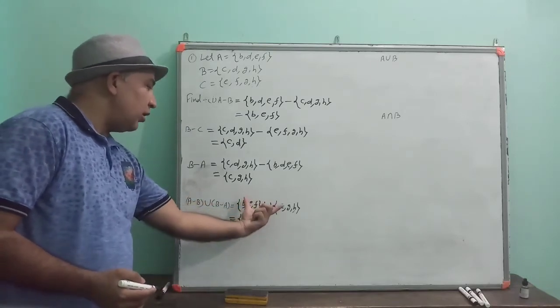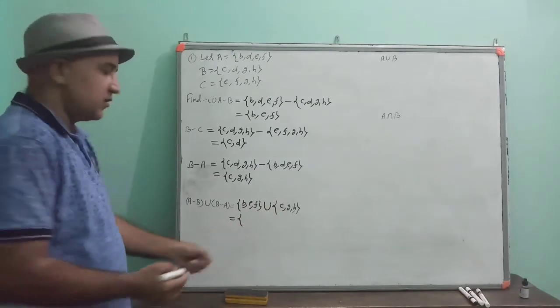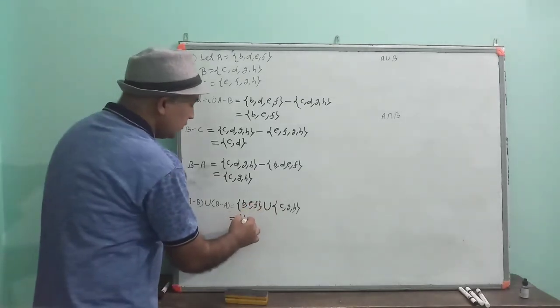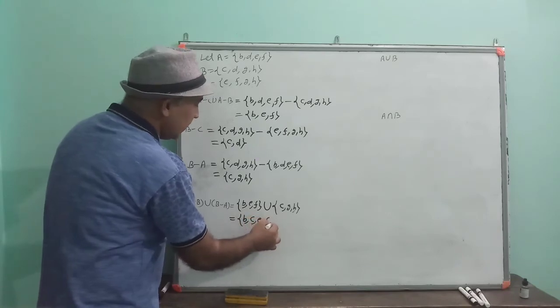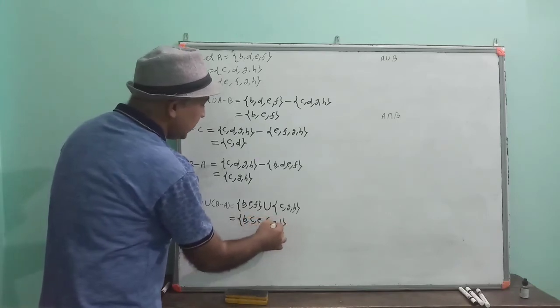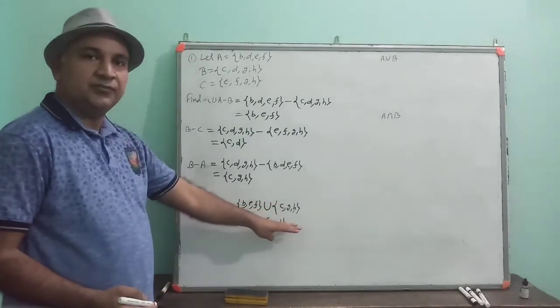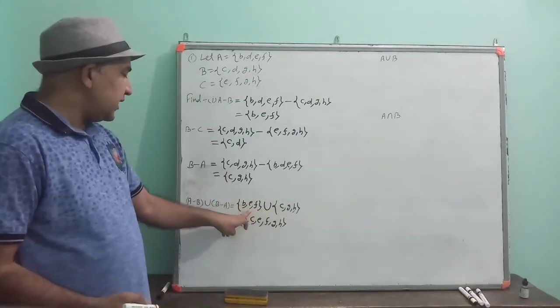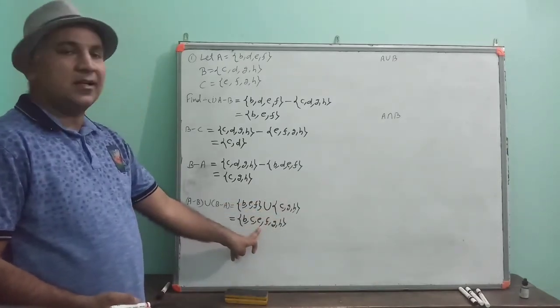Union means all the elements of the given sets, the collection of all the elements. So write down here B, C, E, F, G and H. We have written all the elements in serial order. Understood? All the elements of A minus B and B minus A together we have written in a single set.